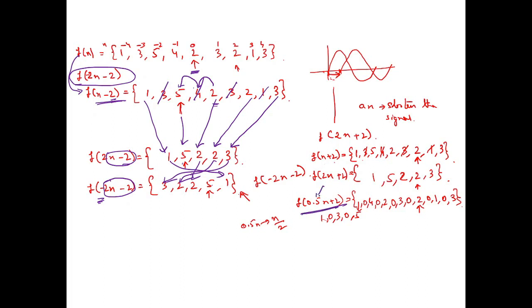Over here, 0.5 means stretching, and when you have this stretching, you have to put zeros. So after 2 there will be a 0 over here.